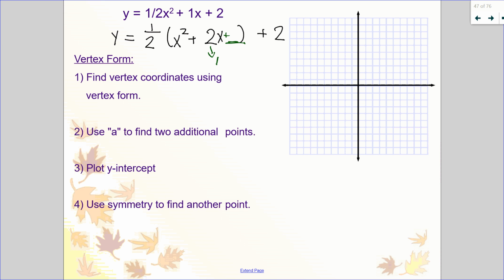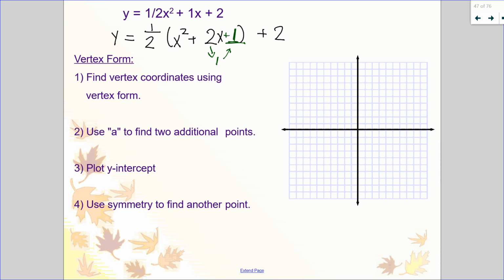Square it, and I get 1 again. Now if you add a 1, you have to counteract by adding something else or subtracting something else. You can't just add a 1 and expect the equation not to change.